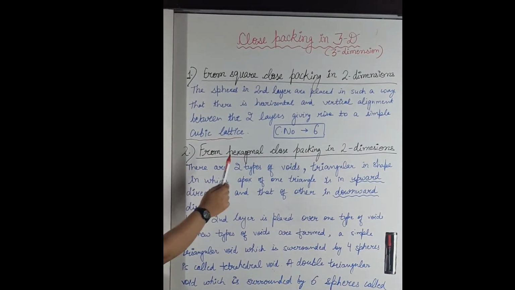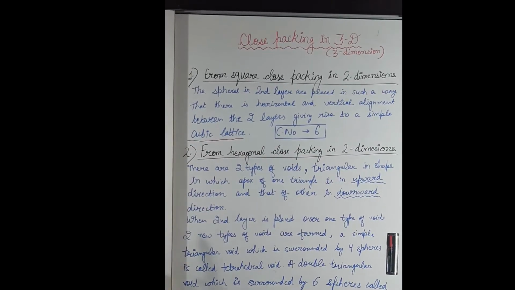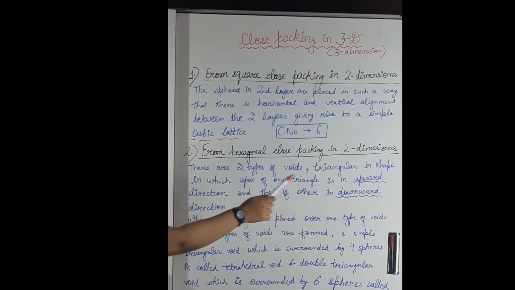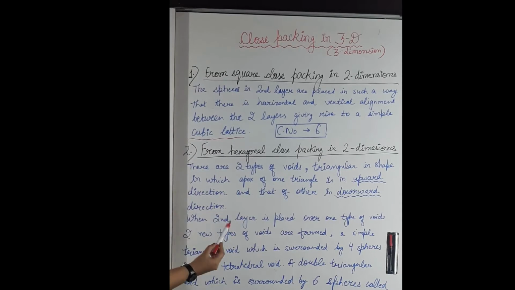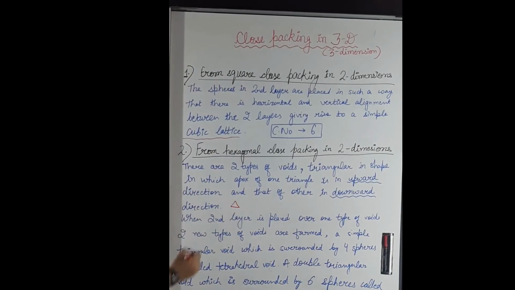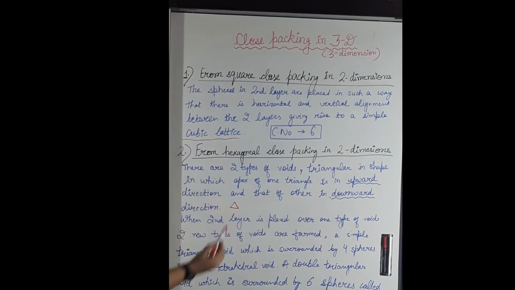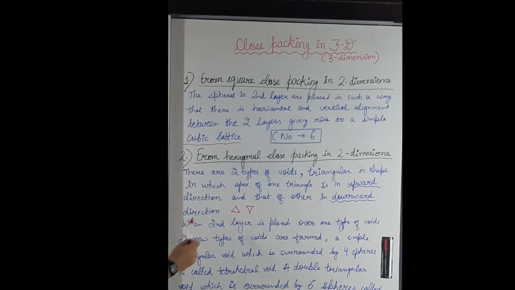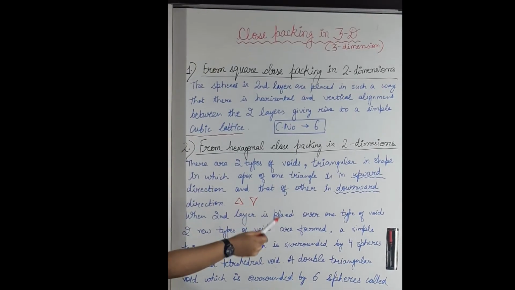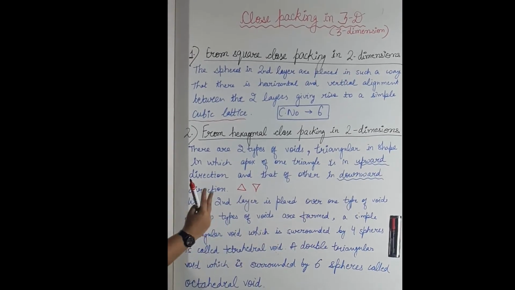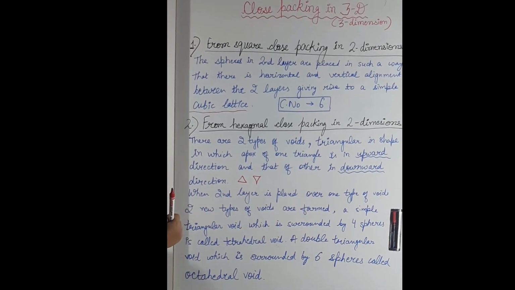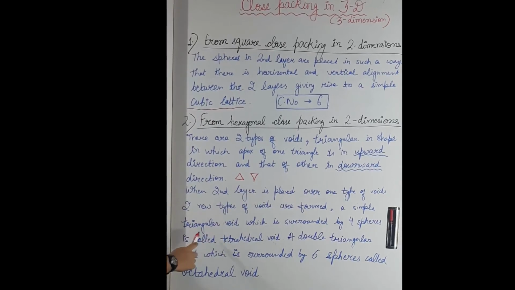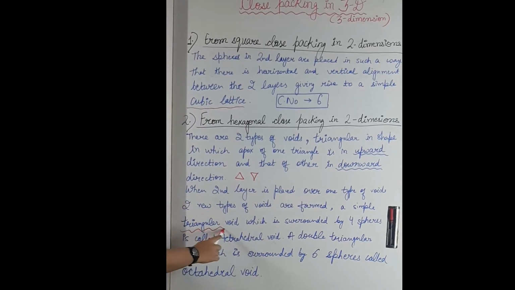Second, from hexagonal close packing in 2 dimensions, there are 2 types of voids: triangular in shape, in which the apex of one triangle is in the upward direction and that of the other in the downward direction. When the second layer is placed over one type of void, 2 new types of voids are formed. That is a simple triangular void which is surrounded by 4 spheres.